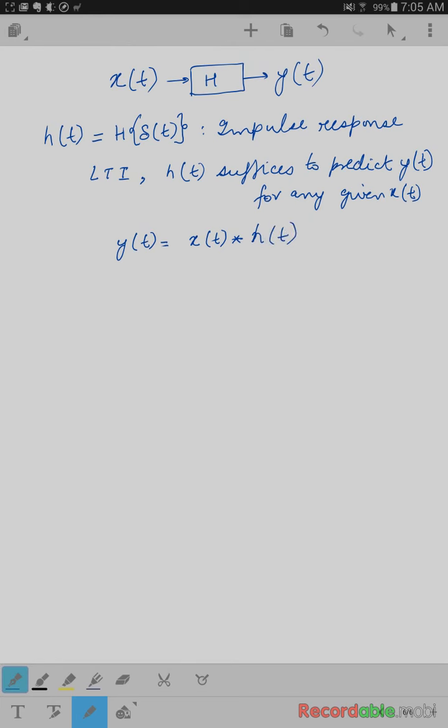This is in continuous time, and in discrete time y of n is x of n convolved with h of n. And the way these integrals and summations are defined is y of t is the integral from minus infinity to infinity of x of tau h of t minus tau d tau.